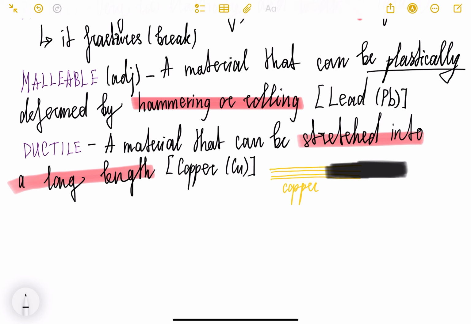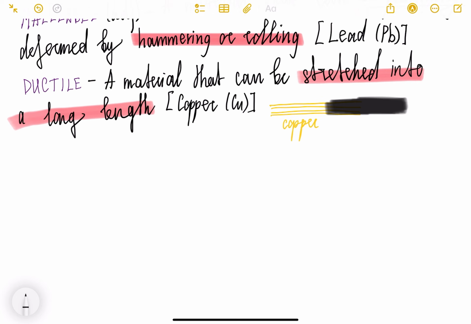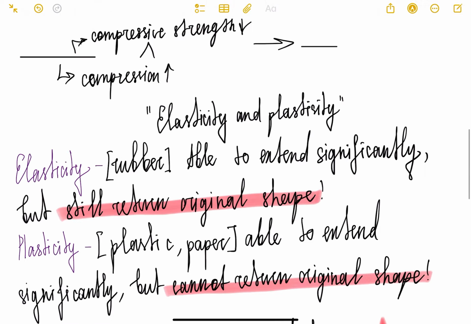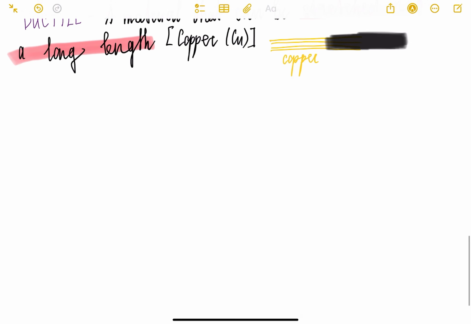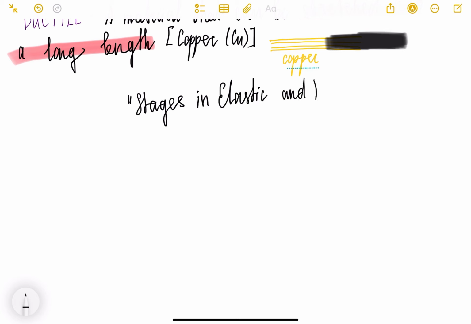Okay, so there are stages in elastic and plastic deformation. I've got to try to draw this graph.